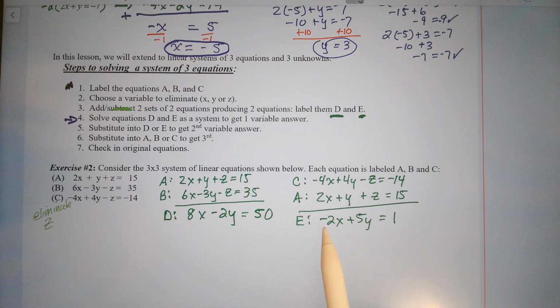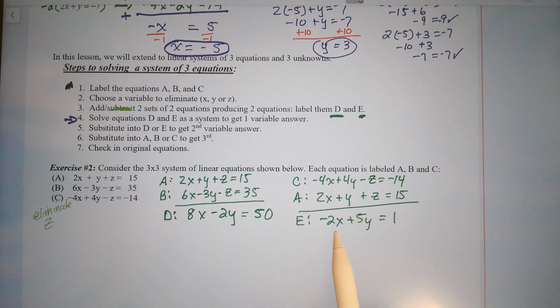We've got an 8x and a negative 2x. Oh, I like that. All I need to do is multiply this by 4, and that'll give me a negative 8x. Or we look at our y terms, a negative 2y and a positive 5y. Now I would have to maybe make this a negative 10y and this a positive 10y. In that case, I'd have to multiply each equation by something.